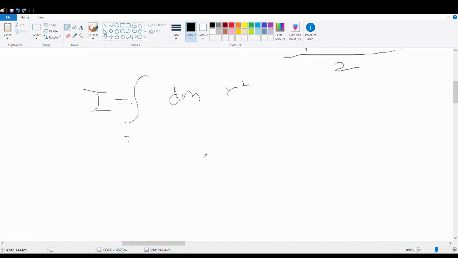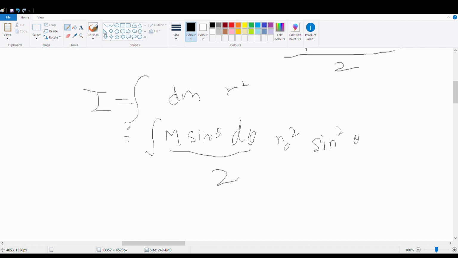Okay, so I is equal to integral dm r square. So we can write this as m sine theta d theta by 2, and again we're going to have r naught square sine square theta, because that's the distance of each element from the axis.